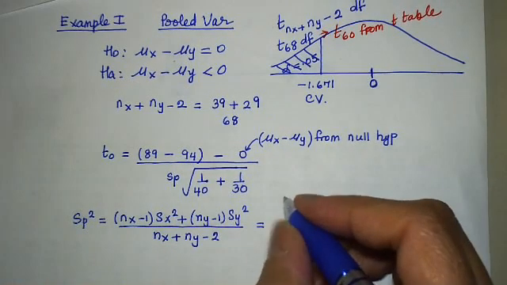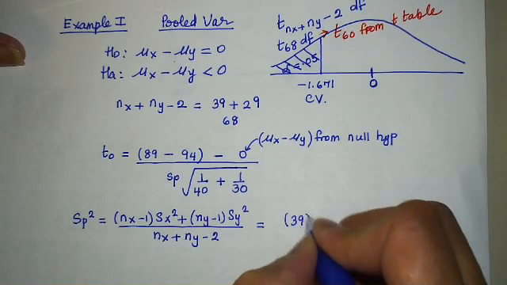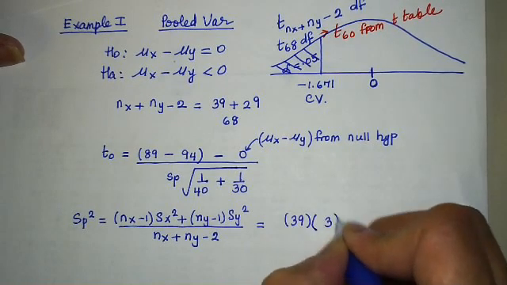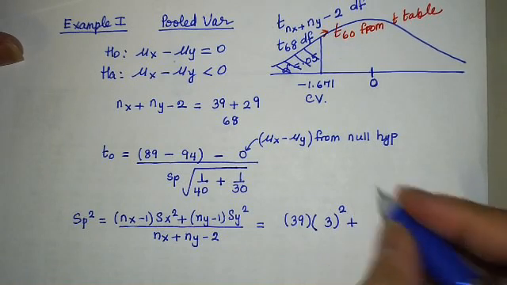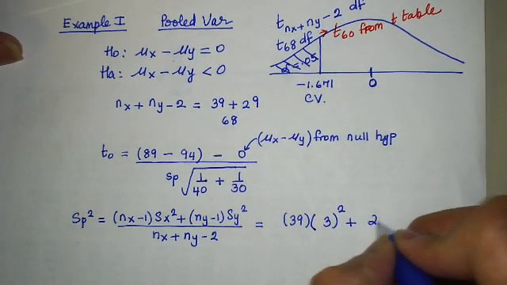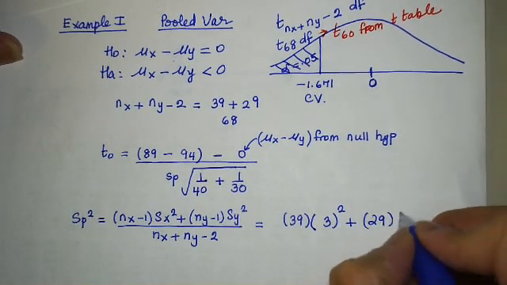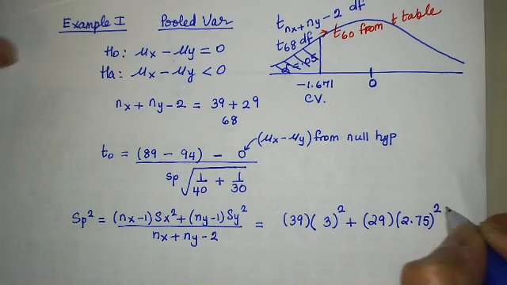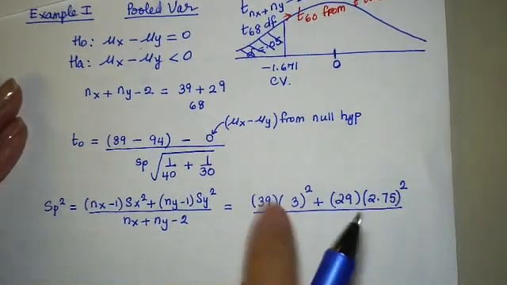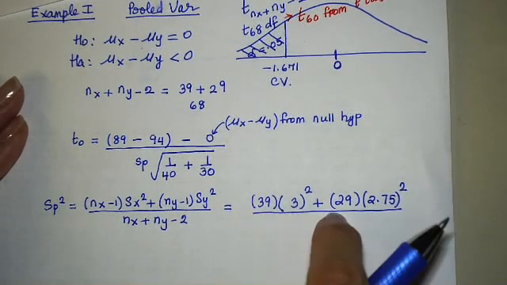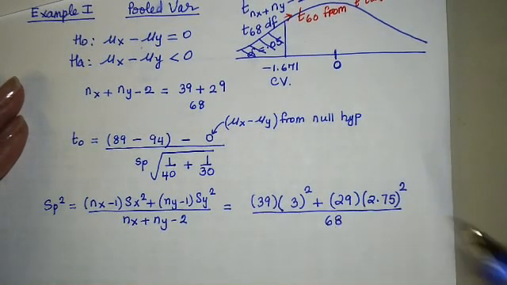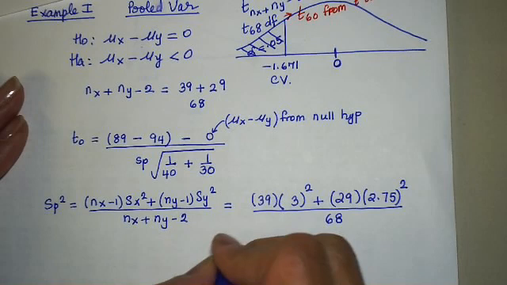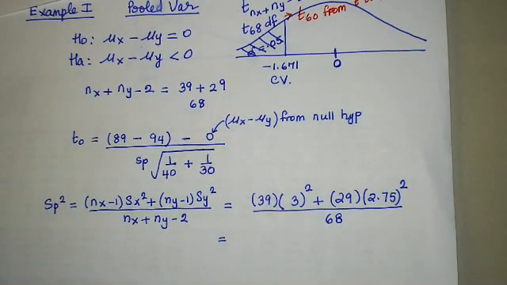So let's find SP. SP squared equals nx minus 1 times sx squared plus ny minus 1 times sy squared, over nx plus ny minus 2. So nx minus 1 is 39. Sx squared is 3 squared, plus ny minus 1 is 29. Sy squared is 2.75 squared, divided by the sum of these two, which is 68.